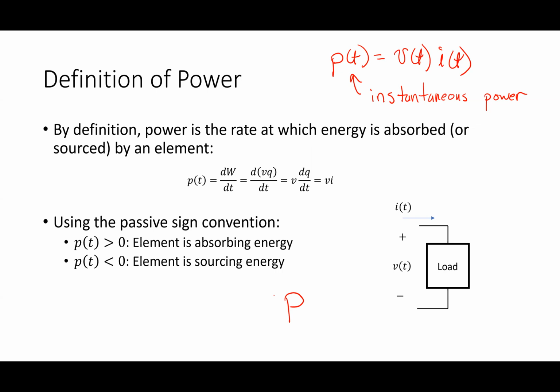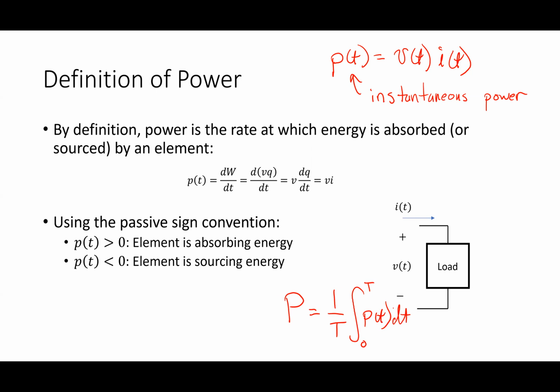Little p is V times I, just as you learned it with DC circuits or in physics. P is the average value of that. So if I take the average over a period of p of t, it's the average value of it.